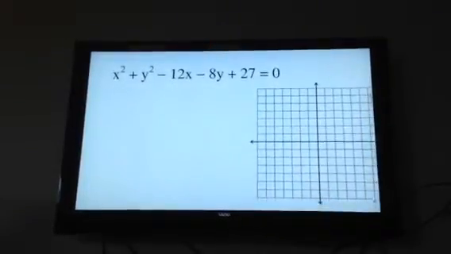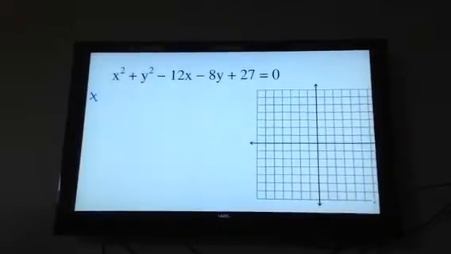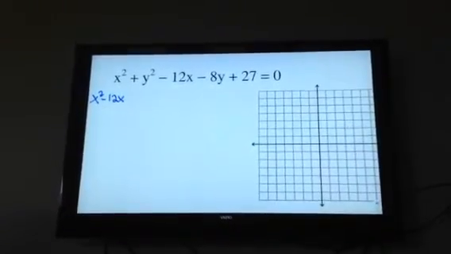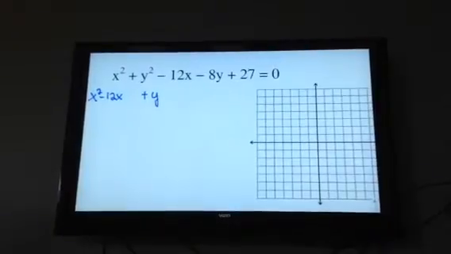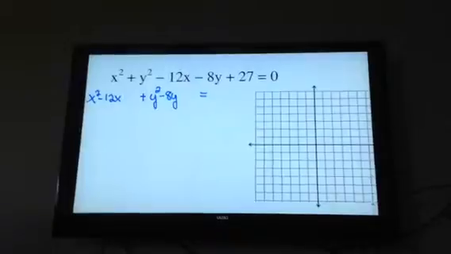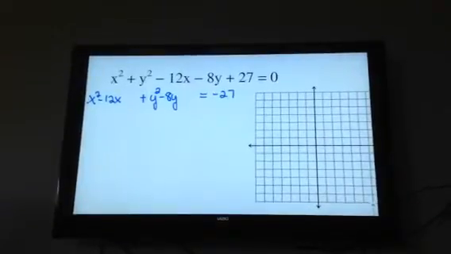We're going to group our x's, leave a little space, group the y's, leave a little space, and move the constant term to the right. So subtract your 27.